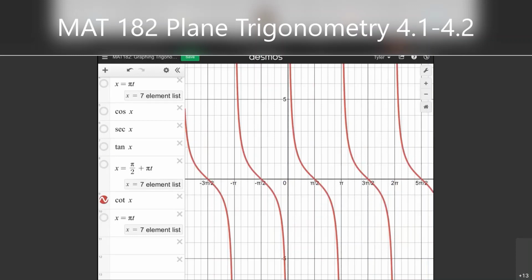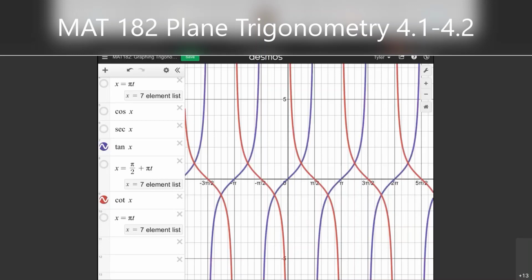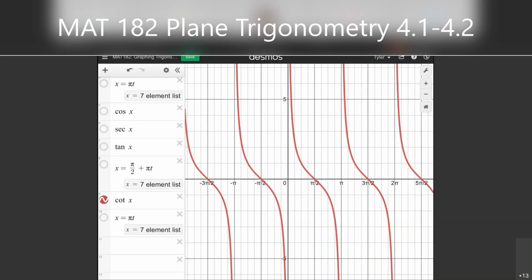If we threw the tangent function back up, notice that the tangent function in purple is generally increasing from left to right, and that cotangent function generally decreases from left to right, starting at 0 to pi. So we'll want to be able to distinguish between those two functions just on their regular graph. We're not going to do a ton of work with tangent and cotangent other than just identifying which one is which. So we'll want to be able to do that.